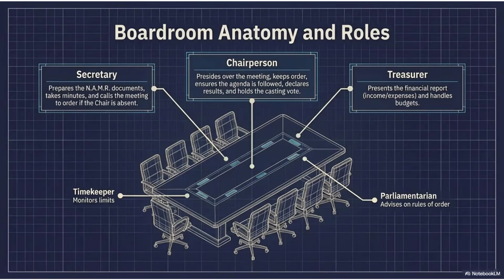Then we have the treasurer. The treasurer's job is to control the finances and the financial reports, and update persons on the financials and on any kind of financial information that's needed.